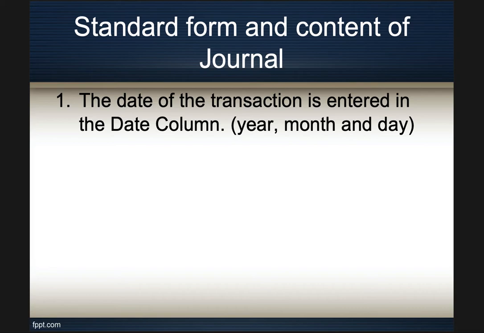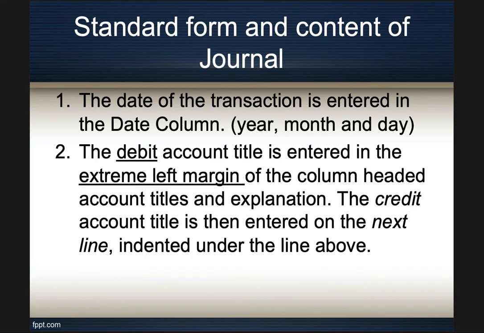So the date of the transaction is entered in the date column. So you have the year, which you input only once, then the month and the day. Then after that, the debit account title is entered in the extreme left margin, as what I have shown in my previous example, and that should be put on the column with the heading account titles and explanation.